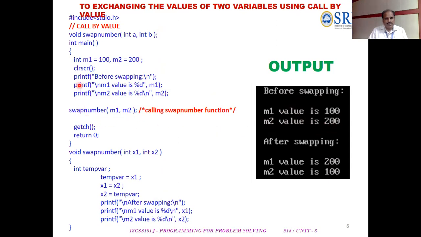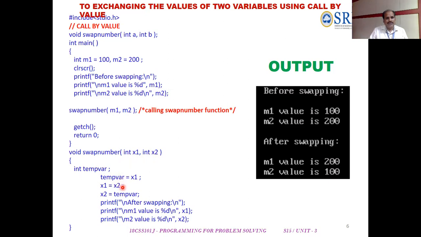During execution, after this statement is executed, the control is passed to the called function. The name of the called function is swap number, with int x1 and int x2. We have also declared one temporary variable, a local variable temp var.